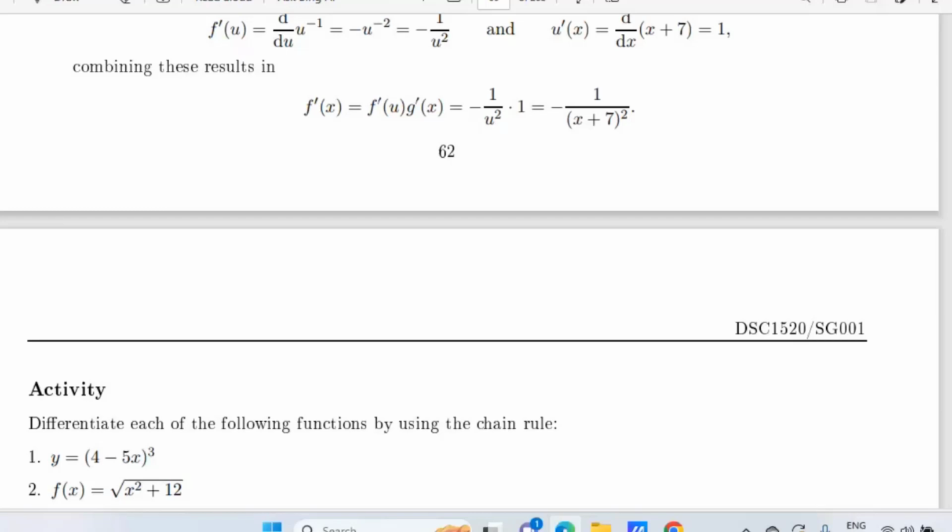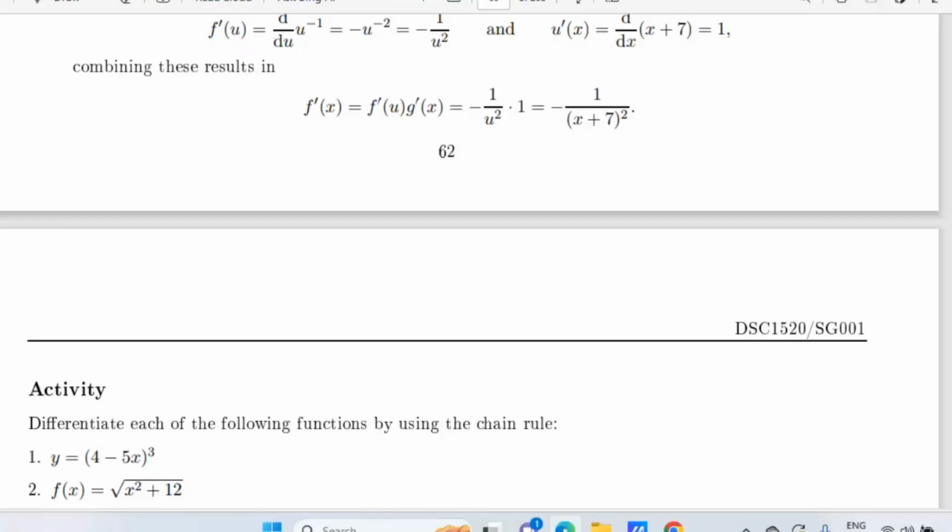So that is the rule. We take that half multiplied by u to the power negative half and multiply it by the 2x we got. After you differentiate, you multiply the two things that you would have gotten.